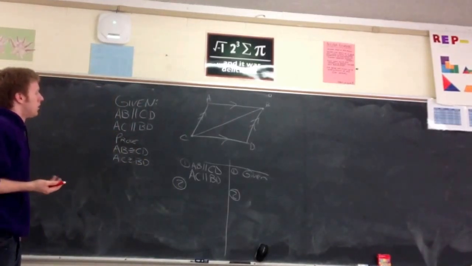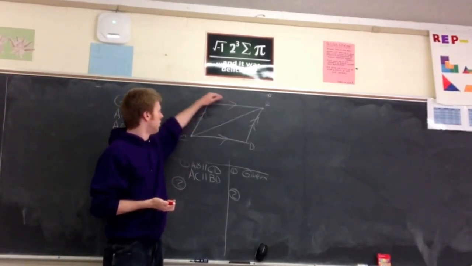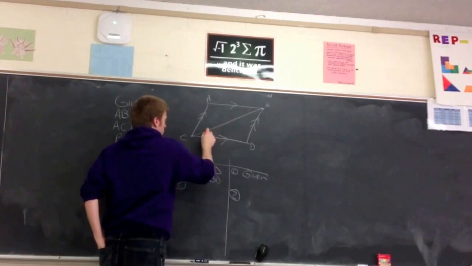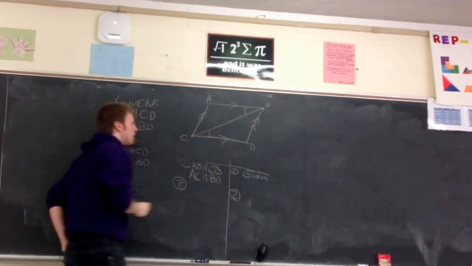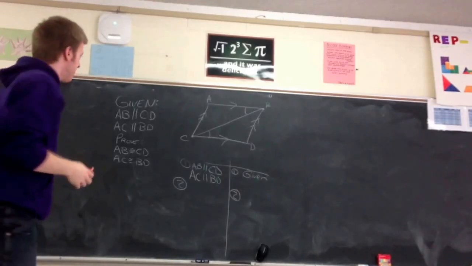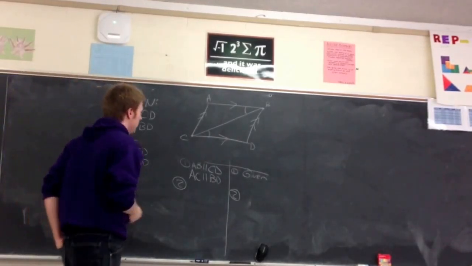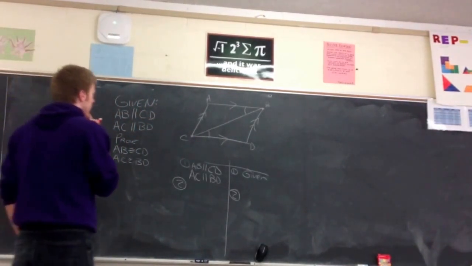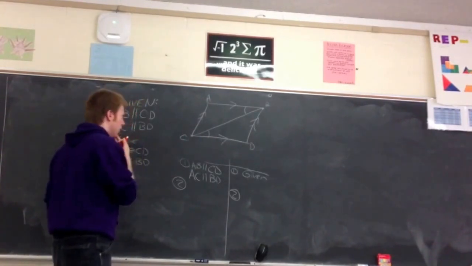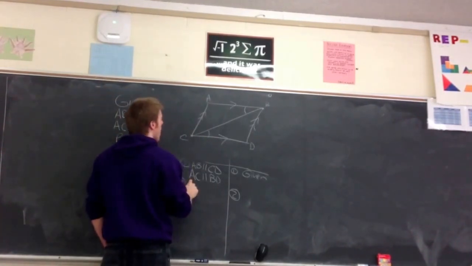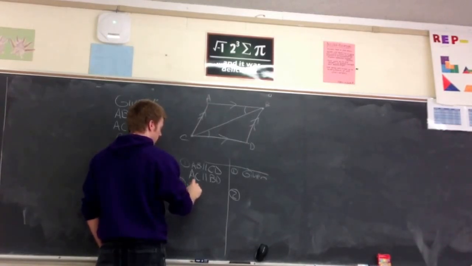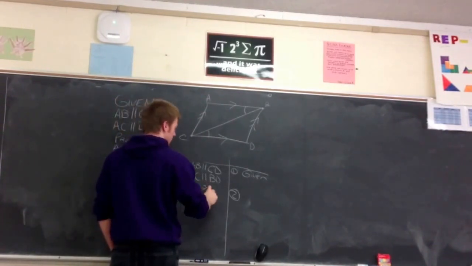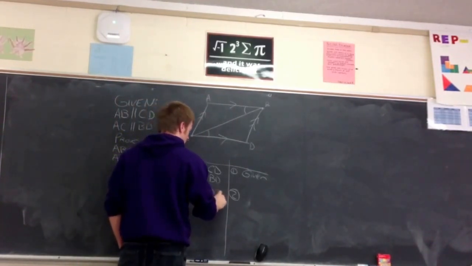Because these guys are parallel, AB and CD, the opposite sides are parallel, then a transversal cutting through them forms congruent alternate interior angles. Say angle ABC is congruent to angle DCB.